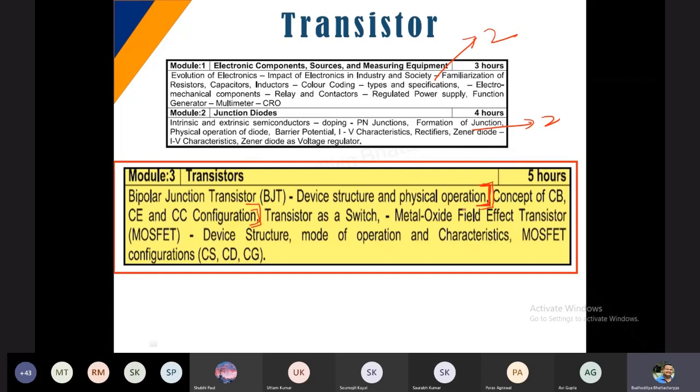You can say till what I do today. Not on Friday. Whatever I finish till today, that is there in the syllabus. Because you might not be aware of what is device structure and physical operation, you might find that it's a huge thing. Nothing is that way. But that is the syllabus. So the two modules as well as a portion of the transistor or third module up to device structure and physical operation. Anyone having doubt in this?